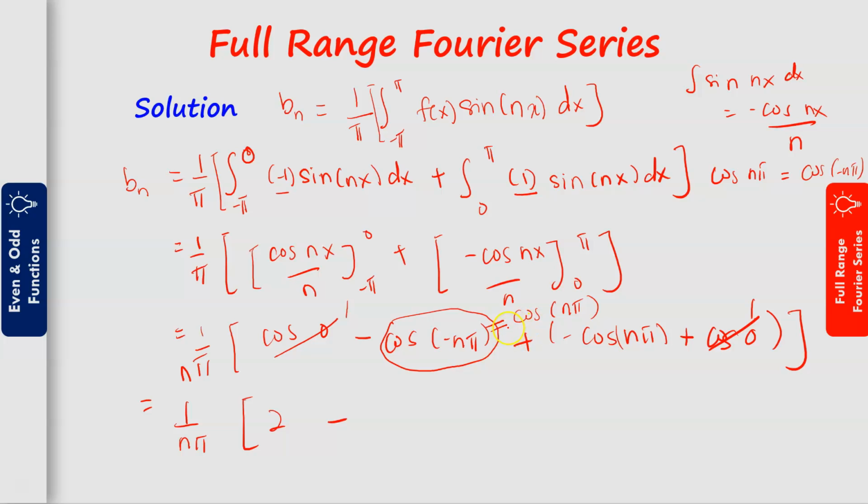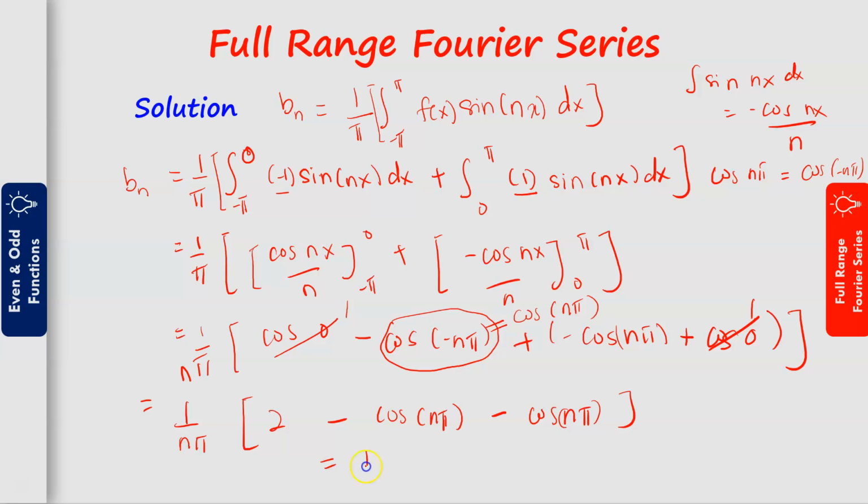This is the use of even and odd functions. So you have to understand period, angular frequency, even and odd functions from week 12 to solve full range Fourier series. So when this equals cos n pi, I will have cos n pi minus, because this is positive, negative cos n pi.